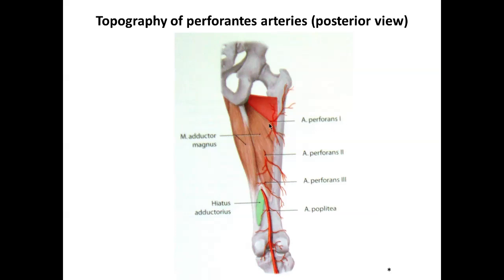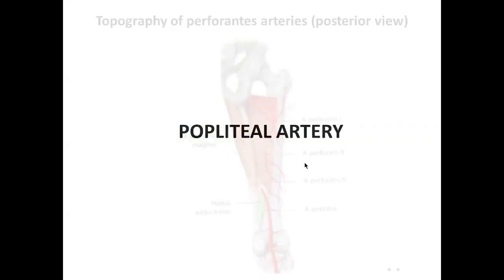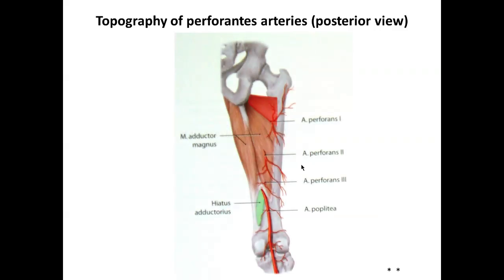Perforans prima penetrates adductor magnus in this gap between the triangle-shaped most superior part of adductor magnus and another portion of it. Okay. I think the popliteal artery we shall discuss next week.